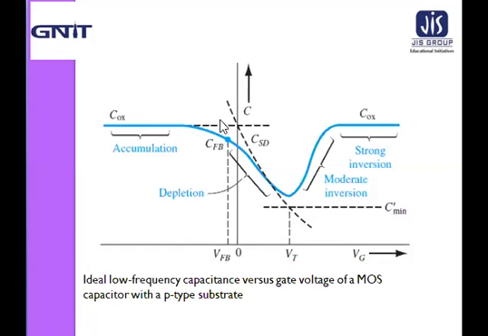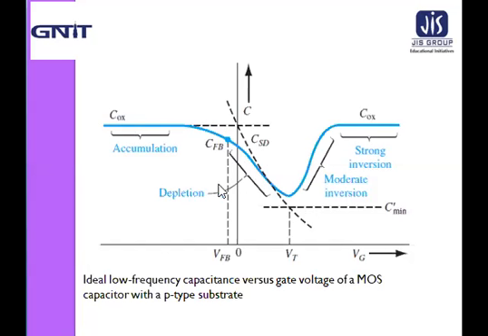And those three dashed segments correspond to the three components: COX, the oxide capacitance, C prime SD, and C prime min.